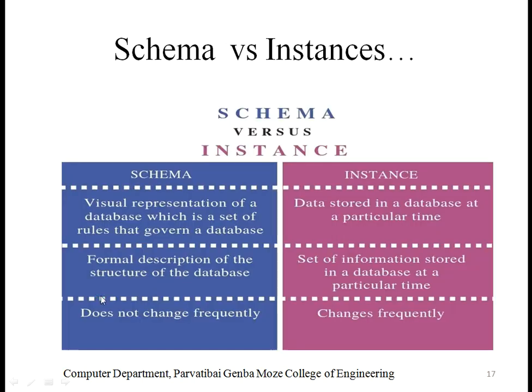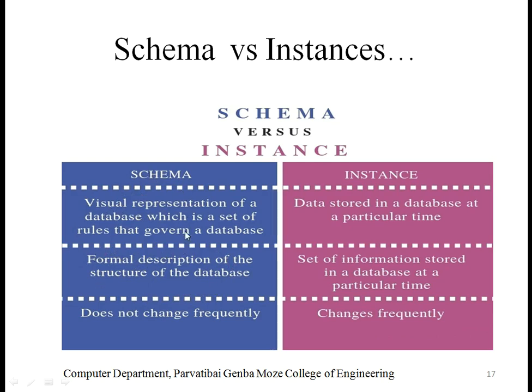Then next, again the difference between the schema and the instances. A schema is a virtual representation of a database, a set of rules that govern a database. That is the schema. What is the instance? Data stored in a database at a particular time is called the instance. The schema is a formal description of the structure of a database, a virtual representation of the database, right?